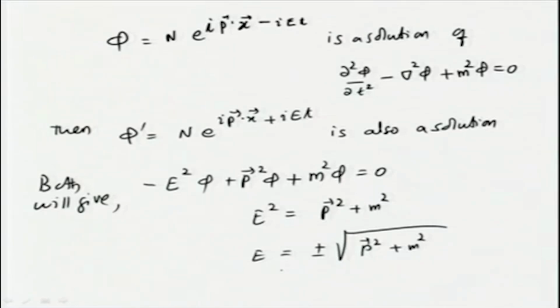This is a problem because we are still talking about free particles. We have not put any potential here, that is why E² = P² + m²; only the kinetic energy term and the mass term are there. So negative energy is not a physically viable case. We do not want negative energy solutions, but the Klein-Gordon equation gives you solutions with negative energy. So this is one problem.